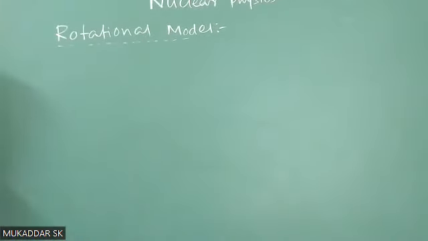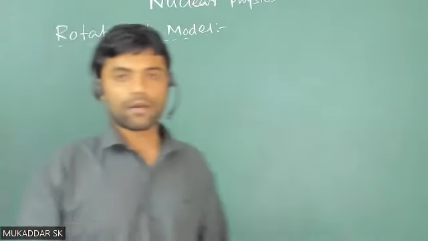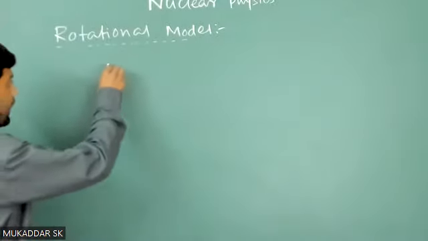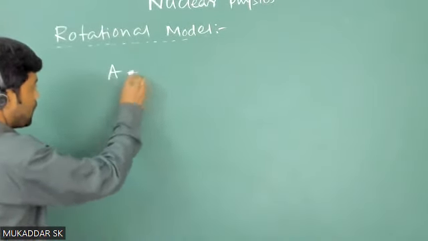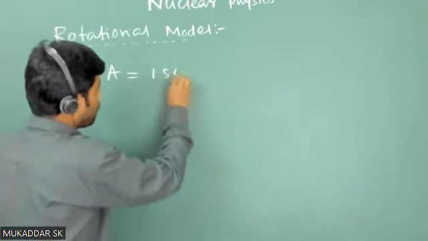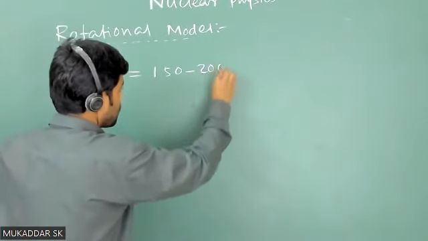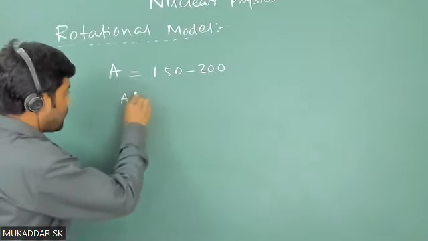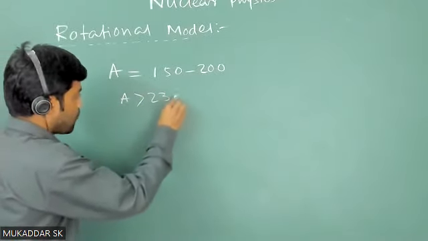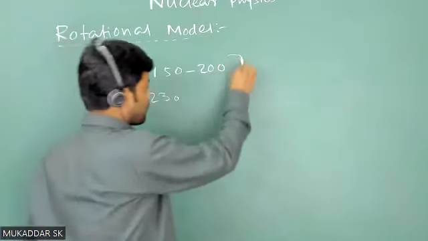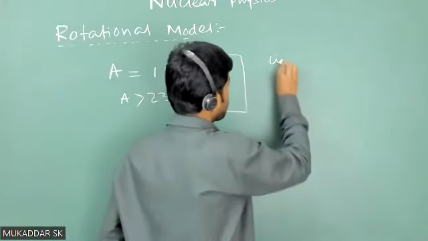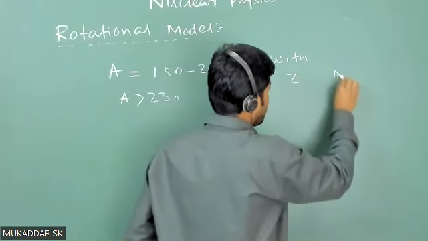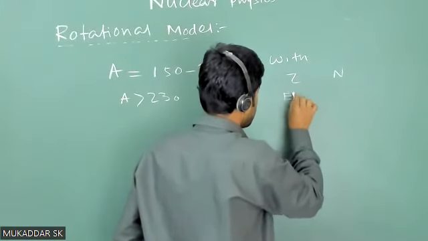In the rotational model, experimentally it is observed that nuclei having mass number between 150 to 200, and also mass number greater than 230, with even combination of Z and N, that is basically an even combination.